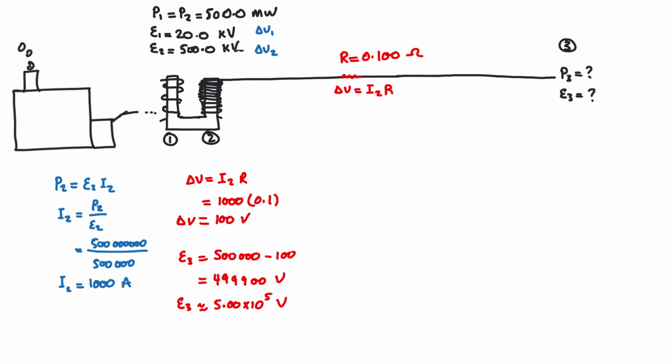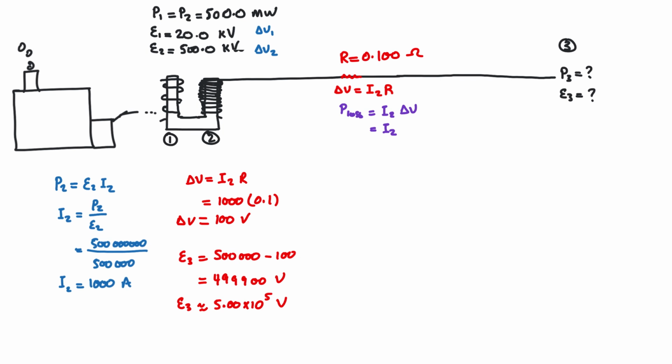Now let's check power loss. The power loss here is going to equal I multiplied by delta V. And we have the equation for it already from before. We know that, but let's just rederive it again.